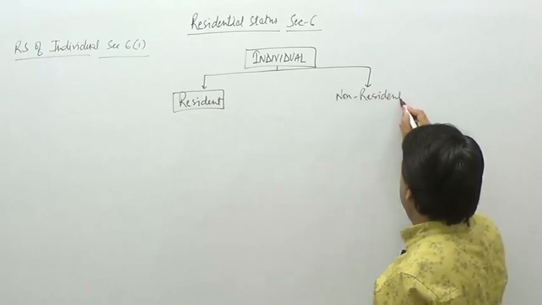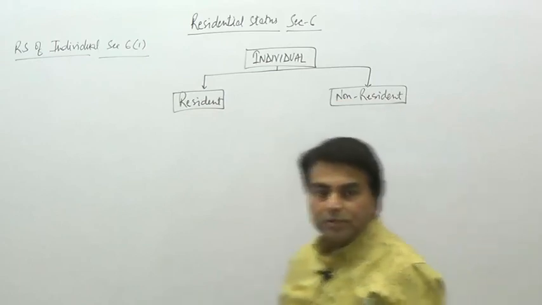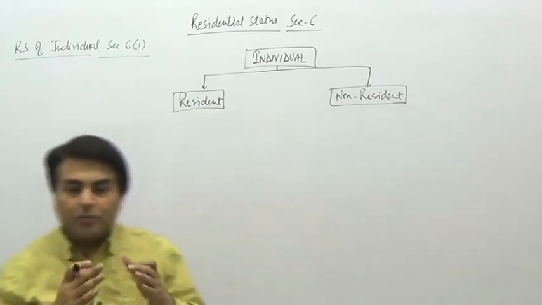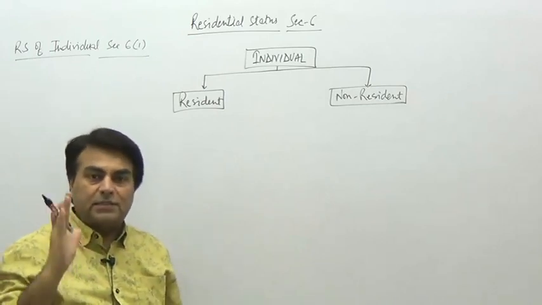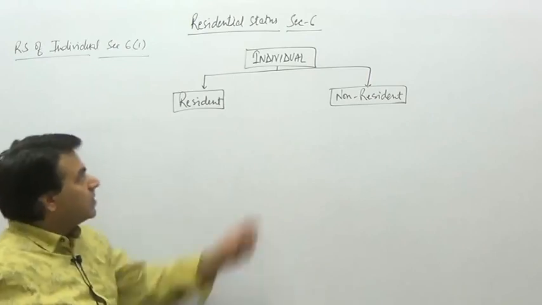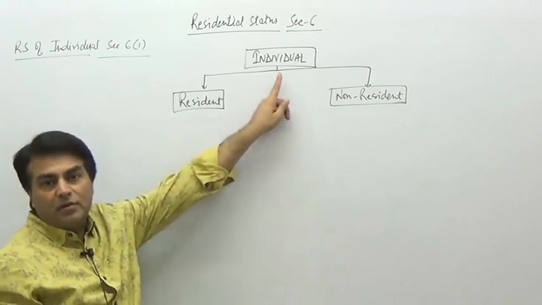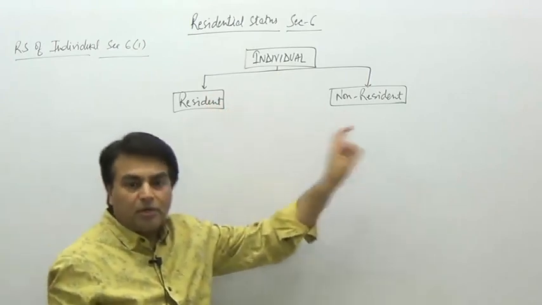Now, how he would become resident or how he would become a non-resident, I would tell you, don't worry about it. First see what the real statuses, RS, are for the individual. That means an individual, first he may become a resident or he may become a non-resident.